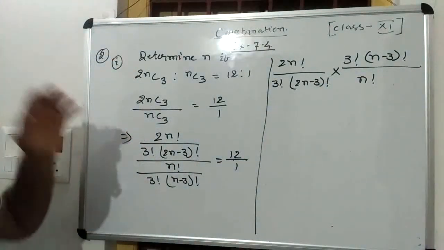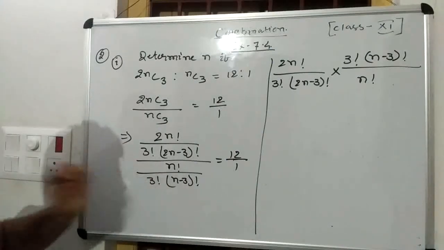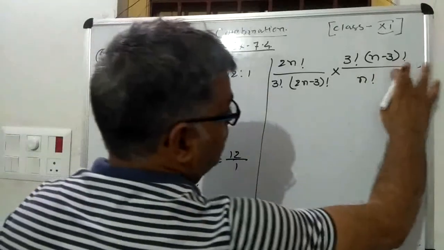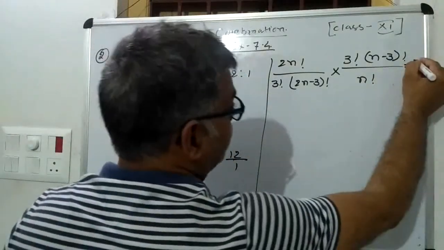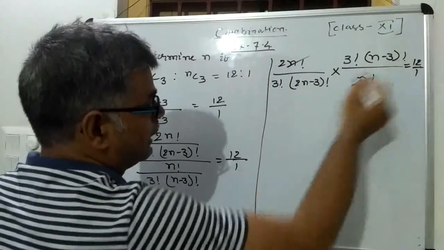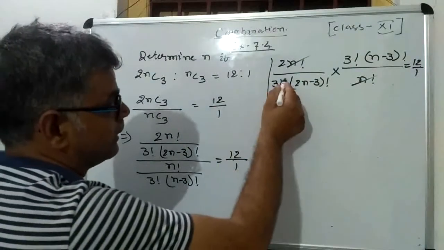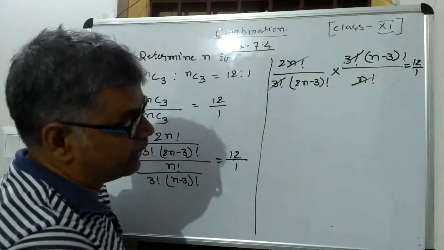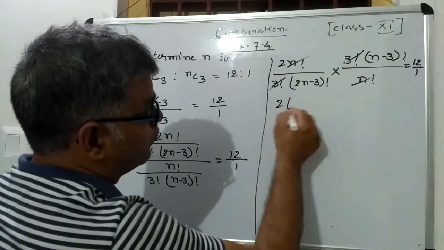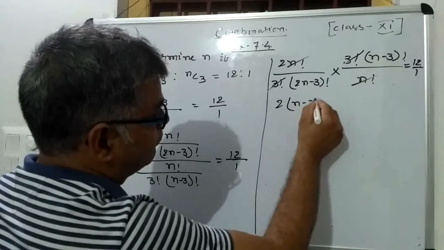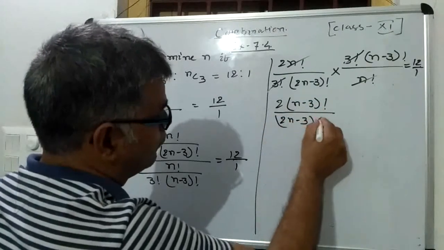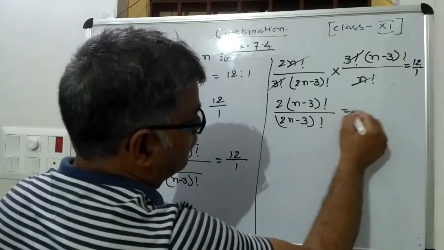Factorial n and factorial n will get cancelled. Factorial 3 and factorial 3 will get cancelled. So now we are left with 2 into n minus 3 factorial by 2n minus 3 factorial equals 12.